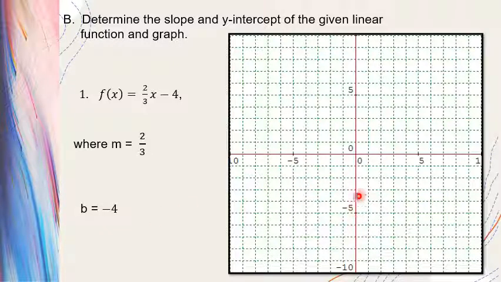The negative 4 is here: 1, 2, 3, and 4. So this is the point. And then let's count the rise and run. The rise is 2 and the run is 3 going right. 1, 2, then going right because it's positive, 1, 2, 3. Okay, so that's the point. And then connect a line.